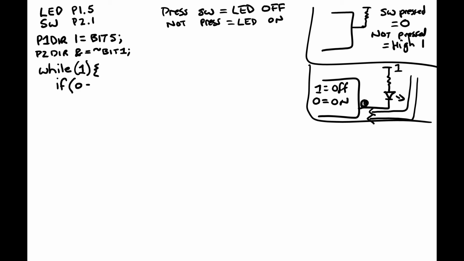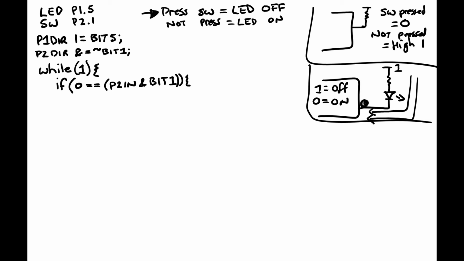So we'll say if 0 is equal to P2IN, the switch is on P2, with bit 1. So we're checking if it's low. If it's low, we have this condition here.